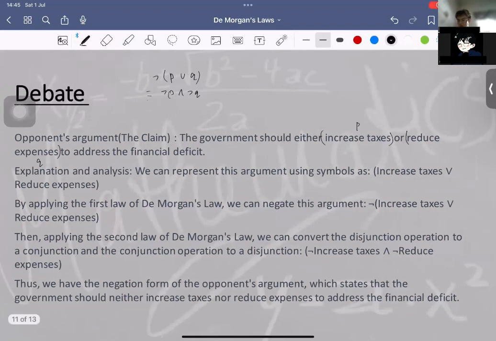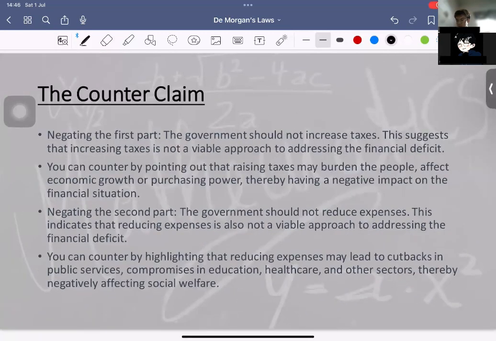So for the counterclaim, it would be the government should not increase tax and not reduce expenses to address the financial deficit. This suggests that increasing taxes is not a viable approach to addressing the financial deficit.